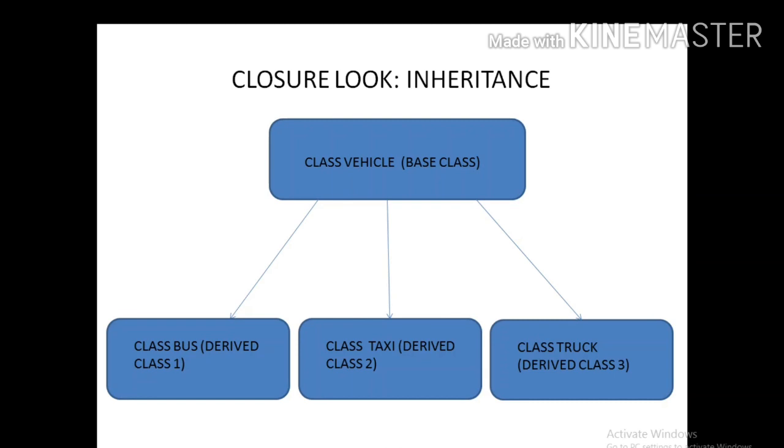We have created three new classes from the vehicle class. Each new class has its own unique property along with the common property of vehicle. The newly created classes are called derived classes, and the class from which they are created is known as the base class.